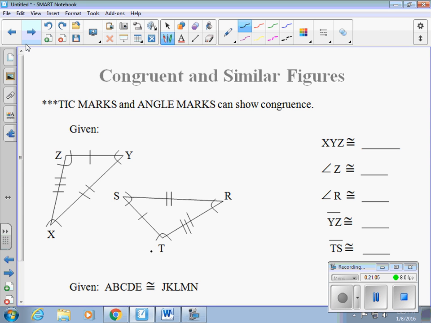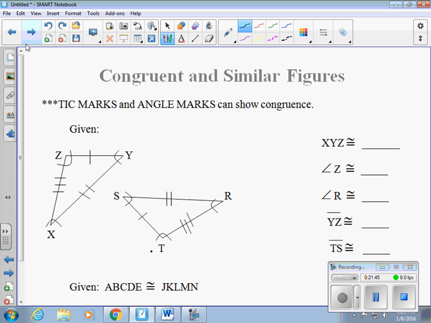That's not the right paper you got. It's not on the board, but it's on your paper.